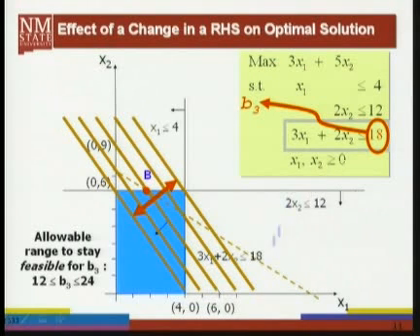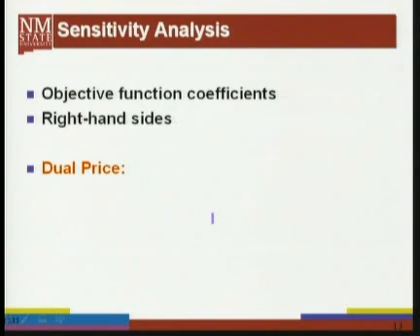That is, within this range, the right-hand side value can vary without changing the current binding constraints, which means within this range, the optimal solution occurs at the point where both constraints number 2 and number 3 are binding in the feasible region. Okay? That's what we learned last time. So, any questions about this?